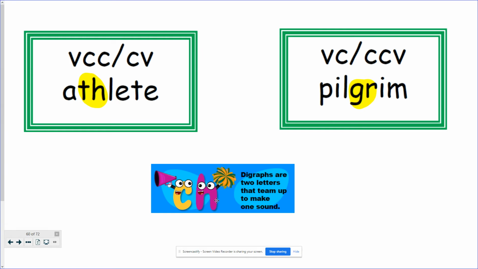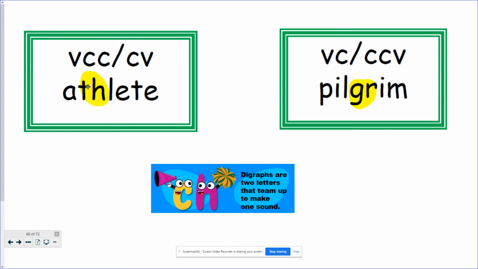Couple of the rules here. Remember what a digraph is? It's when you've got two letters making one sound, like the th and the gr. Okay, so if we have a vowel, consonant, vowel, we will look for the digraph. If the digraph comes right here, then we break it right after that, if that's where our syllable break is.